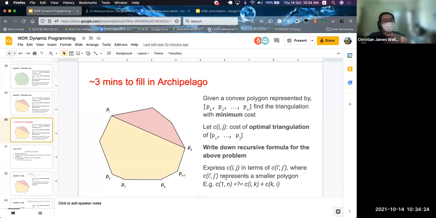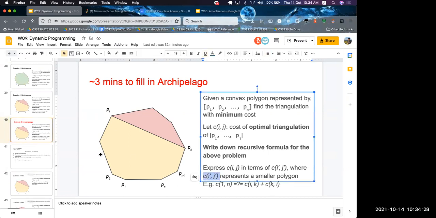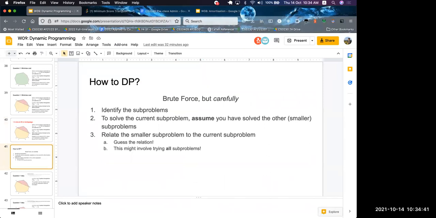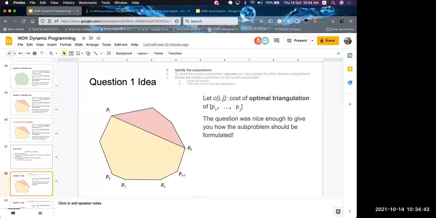No, it just means it's a smaller polygon. I think the one given in the tutorial slides is even more confusing, because it tells me I prime, J prime. So I thought we have to fulfill the condition that J prime minus I prime must be less than J minus I, which is basically a smaller polygon with fewer points, right? Yes.